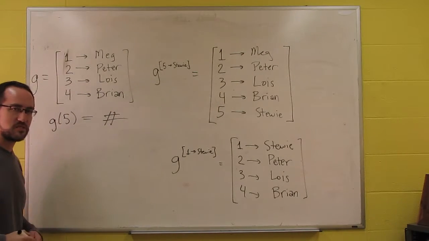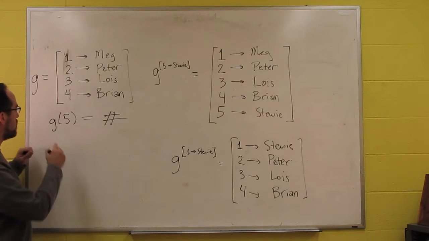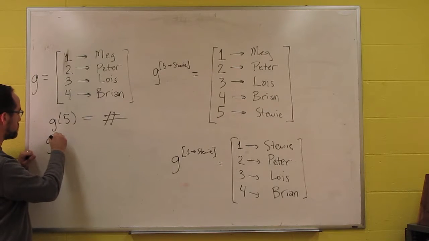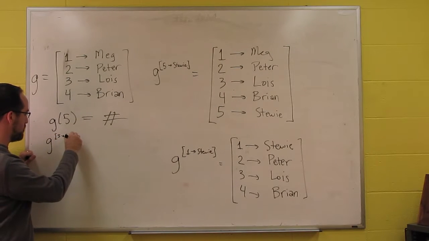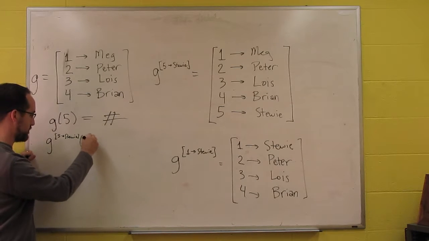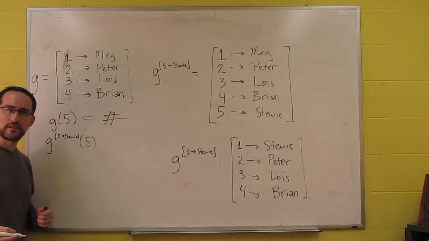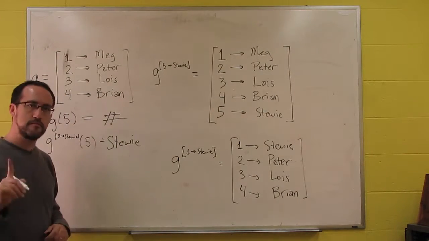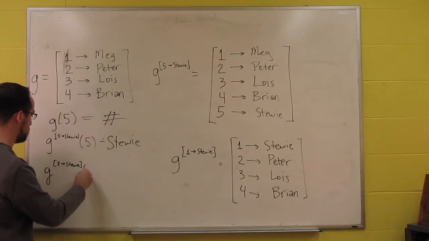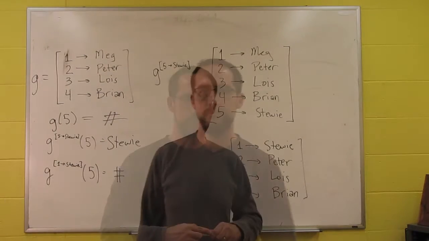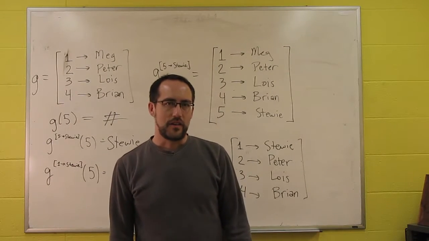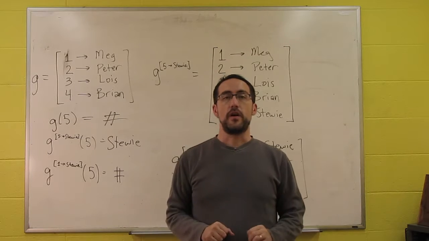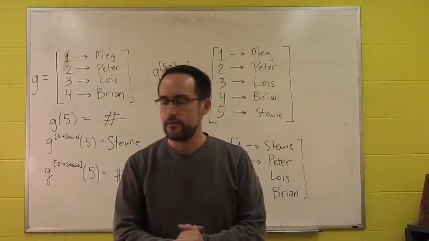I'll just give a hash mark. But if we say G modified so that 5 maps to Stewie of 5, now that's going to give us a result. That's going to give us Stewie. Okay, so now let's see this assignment modification in action.